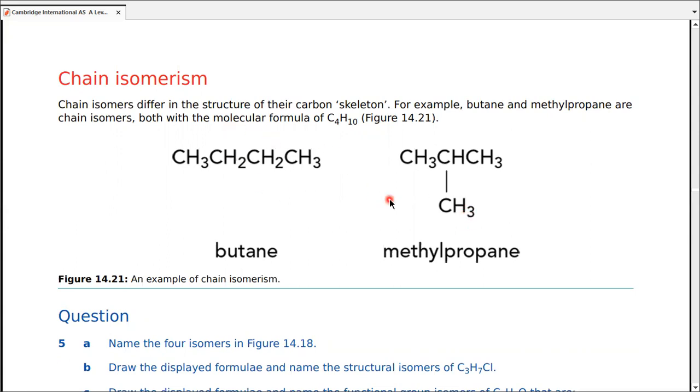Now, position, chain, and functional group isomerism are all themselves types of structural isomerism, for which we had the definition we did back in IGCSE, that the molecular formula is the same, but the structural formula or structure is different.